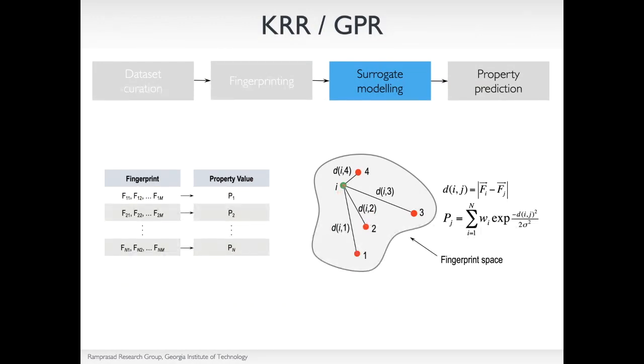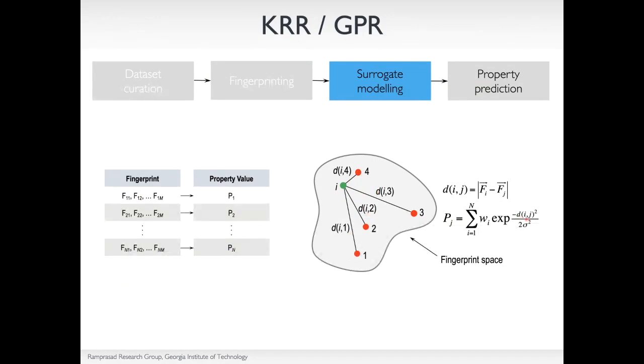And this is a new case I, which is in green. That is the case for which you want to make a prediction. You know the answers for 1, 2, 3, 4, and you want to make a prediction for I. So what do you do? You find the distance between I and 1, I and 2, etc. So these are the distances. And then the property value of I, sorry, there's a typo here, should be I, is really a weighted sum over all of these other cases, weighted based on the distances.